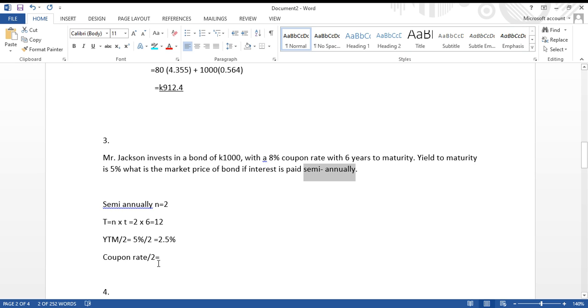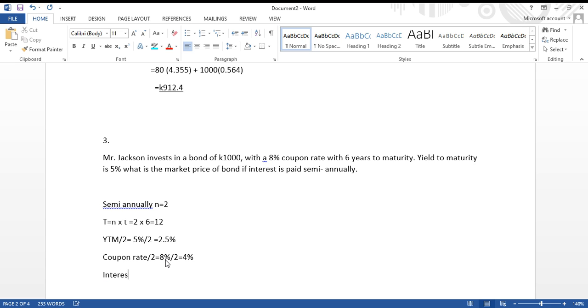So our coupon rate, 8%, divided by 2, is going to be 4%.